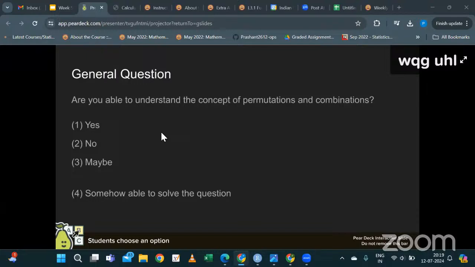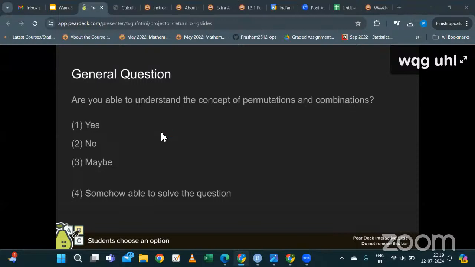Sometimes you feel your answer is correct, but sometimes you miss some cases. Suppose in a question there are some cases, case 1, case 2, and so on, then you will get the wrong answer. So for permutation, combination and probability, the only thing we say is, try to solve as many questions as you can. Yeah, practice.